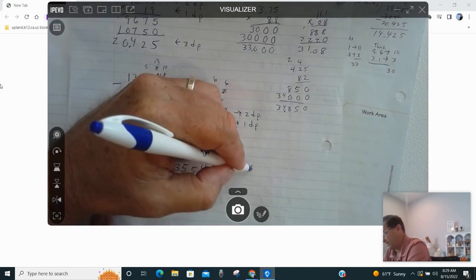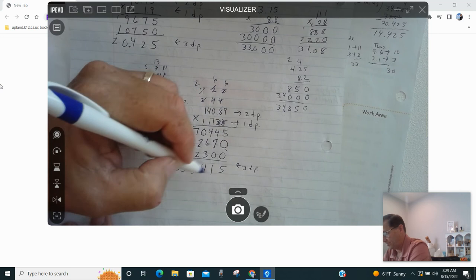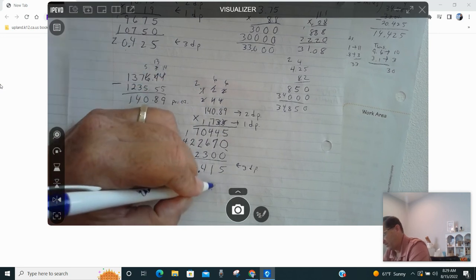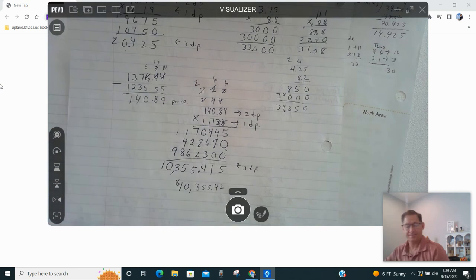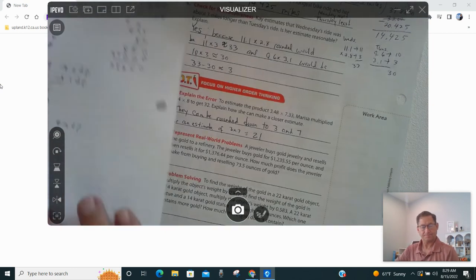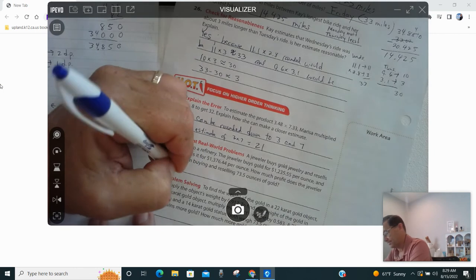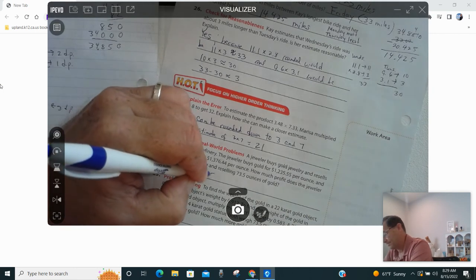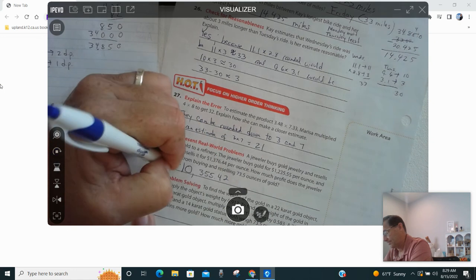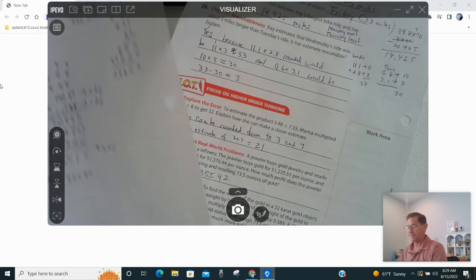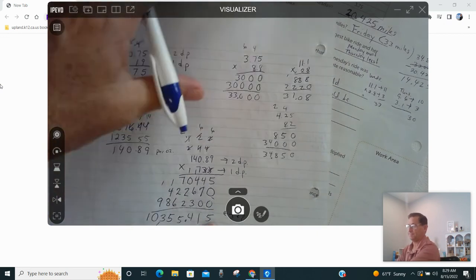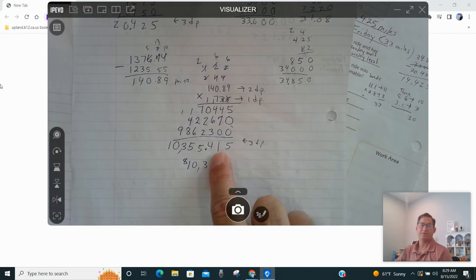Three decimal places in my answer. $10,355.42. Okay, remember we have to round to the nearest penny. So we would take the 5 thousandths and round up to 42 cents.